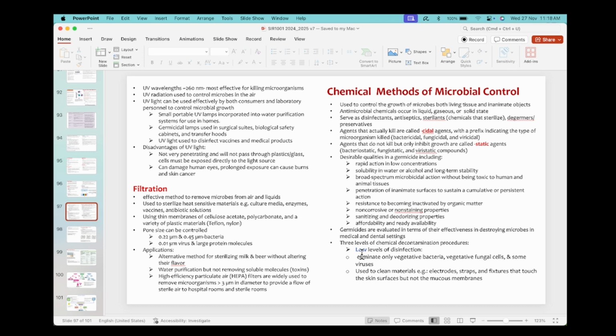In a hospital setting, germicides are evaluated according to their effectiveness in destroying microbes, and there are three levels of chemical decontamination. Low level disinfection eliminates only vegetative microbes and is used to clean materials, for example electrodes, straps, and fixtures that touch the skin surface but not the mucous membrane.